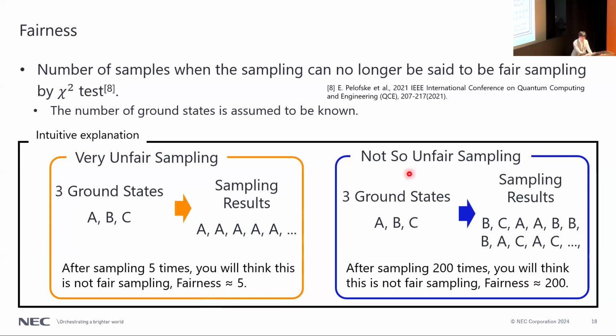On the other hand, this is a not so unfair sampling case. In this case, states A, B, and C appear equally to a certain extent. However, after sampling 200 times, you will think this is not fair sampling. So this means fairness is 200. So this is the indicator of the degree of fair sampling.